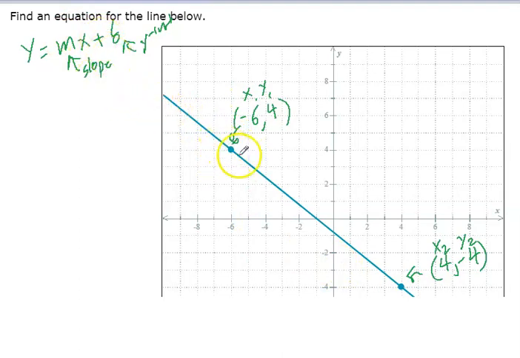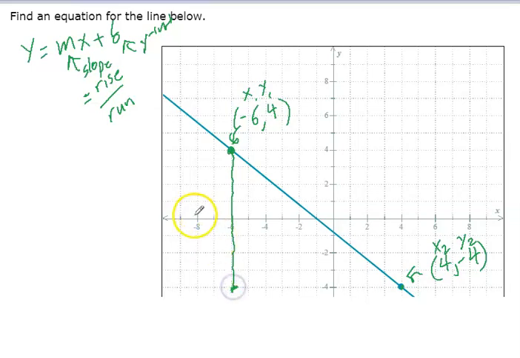All right, so let's see. The slope, remember, is equal to the rise over the run. So in this case, to get from our first point right here to our second point right here, we went down 1, 2, 3, 4, 5, 6, 7, 8 units, right?